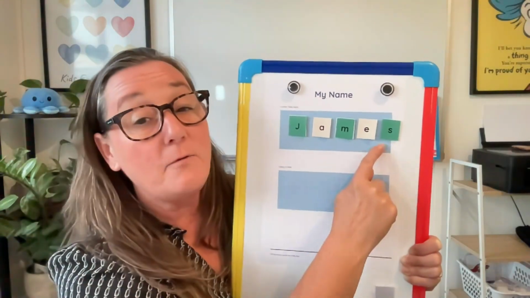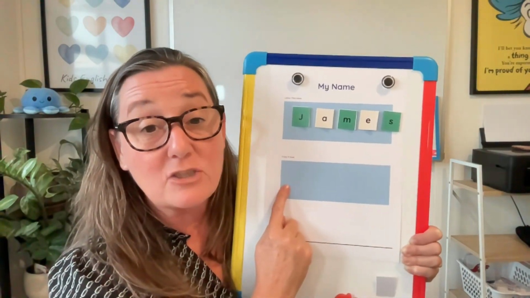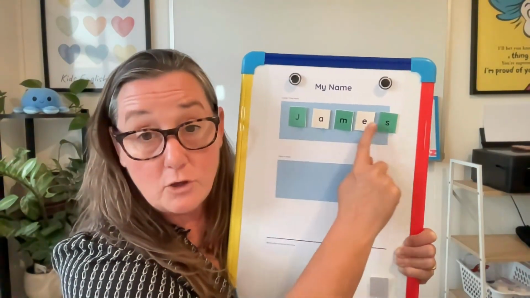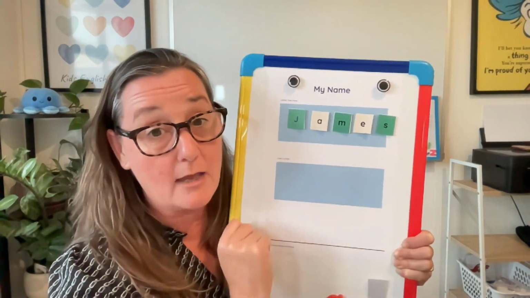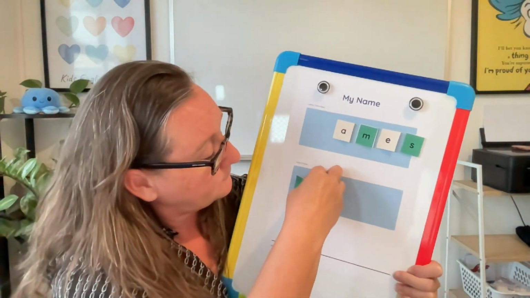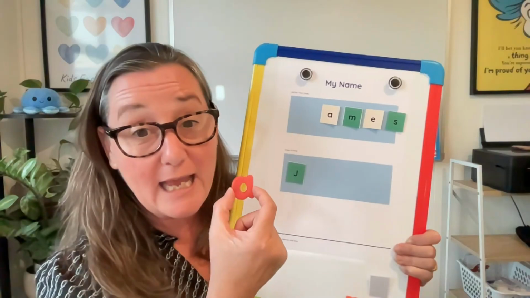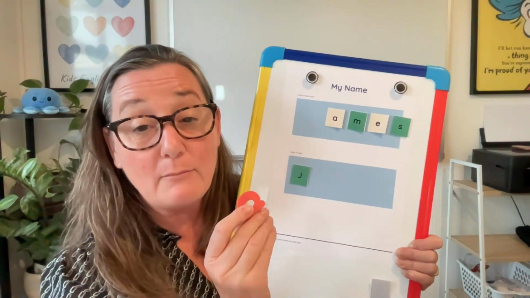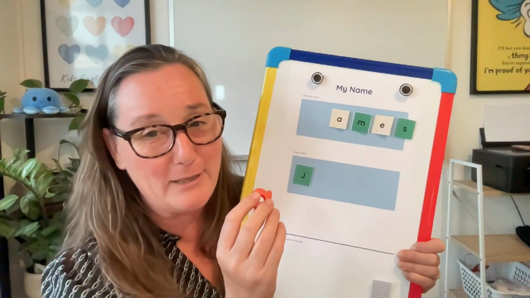So this box is for building the name. This next box is to copy it. Now you can either use, because you've got 2 copies of these you've printed out, you can either build it again with the letter tiles, or another really quick, simple way is you can use magnetic letters. I prefer the cutout magnetic letters like this because it means your child can look at the shape carefully and they can hold it and trace it and manipulate it.